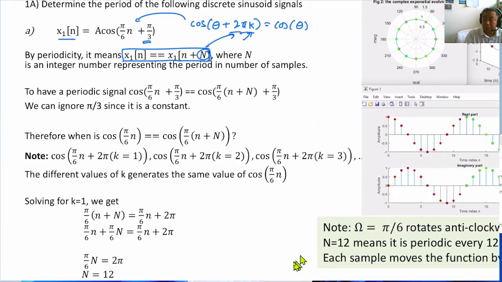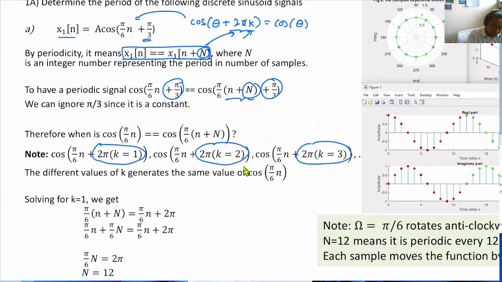So what do we do? Well, we can actually ignore the phase shift term over here because it appears on both the left and right hand side. So we are now interested only in this small n plus capital N term, and this capital N term must be equivalent to 2 pi k, where k can be 1, 2, or 3.